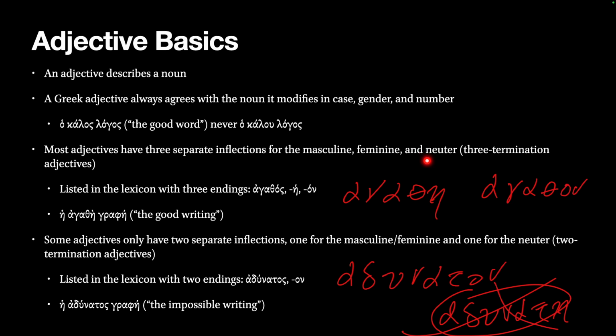Three-termination adjectives are going to be far more common than two-termination adjectives, but don't be surprised if you see something like this, and it's always good to get a little help from your friend, the definite article, that's going to tell you the grammatical information with respect to case, gender, particularly in this case, and number.